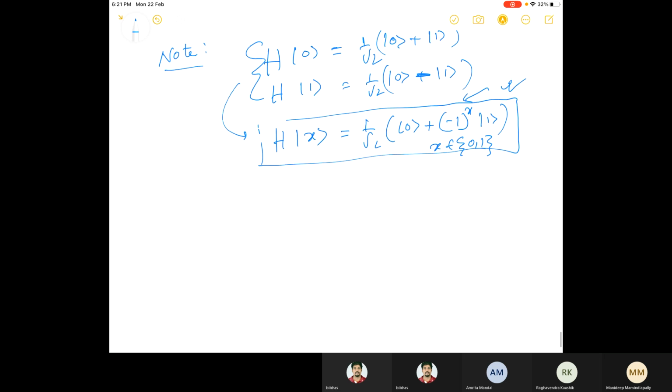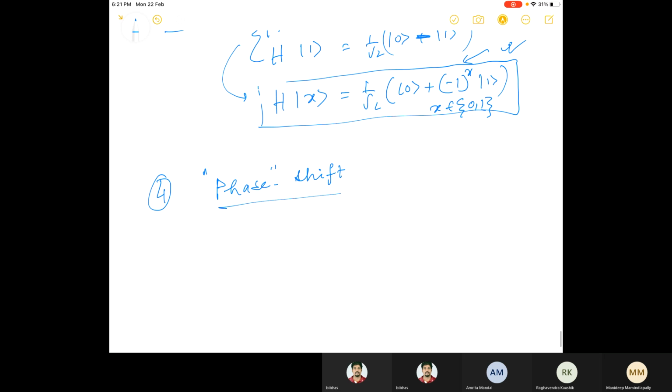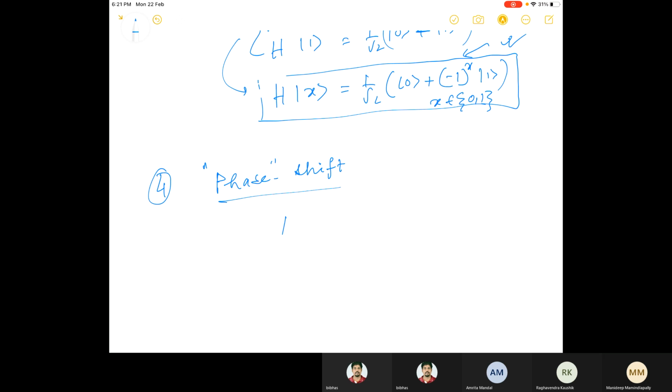Another gate is what is called a phase shift gate. The significance of this will be understood a little later when you see the effect of this gate. I'll denote it like this, but don't ask me why, because you'll realize in a little while.